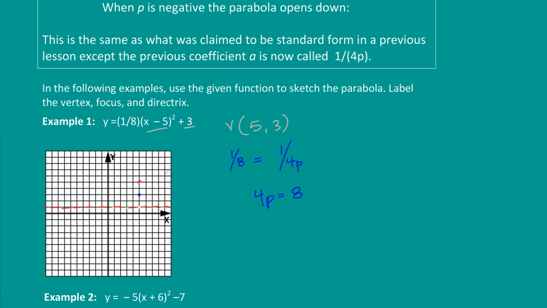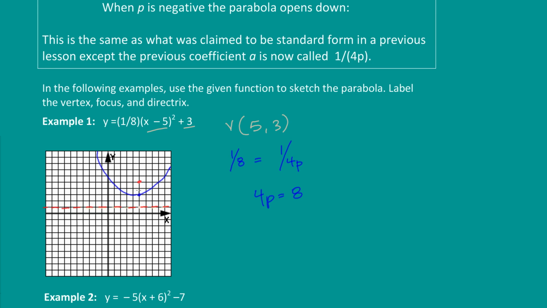And our parabola is going to be, I'm just going to do a light graph of it. These are not completely accurate points, just to show you that it's opening up. I need to know my vertex, and I'm also going to need to know where my focus is.